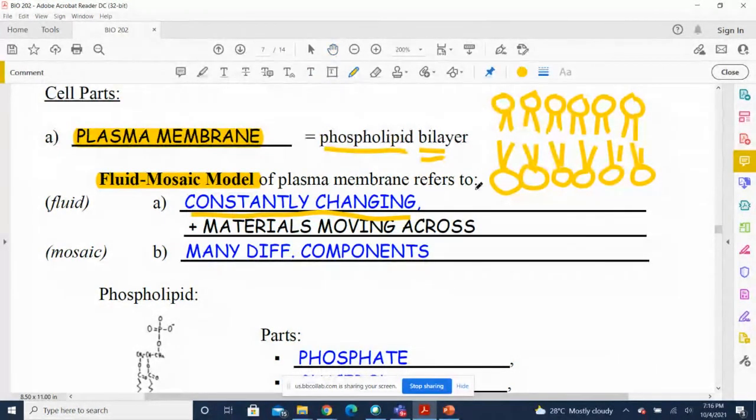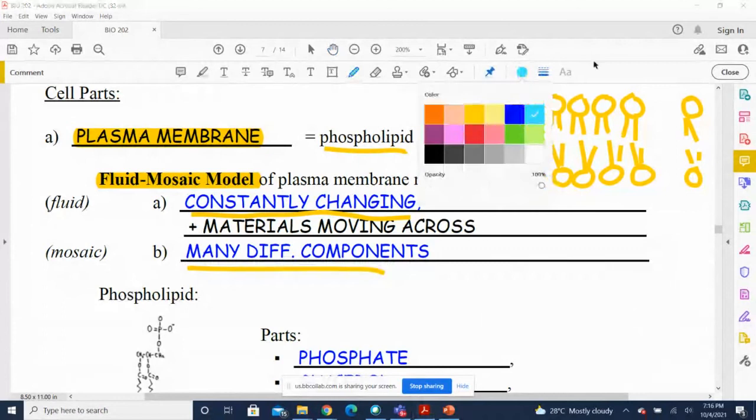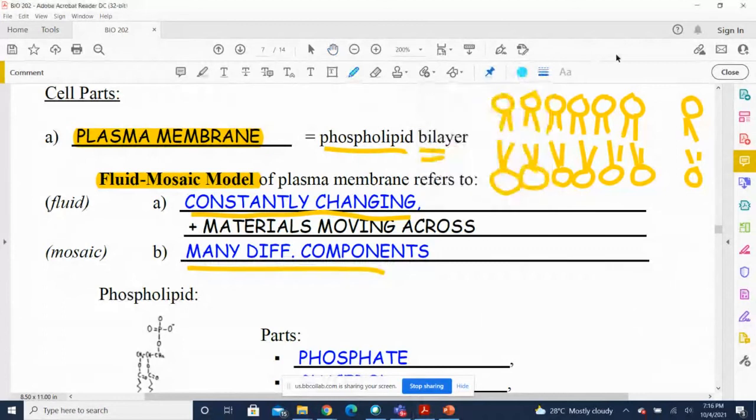The term mosaic referred to the fact that we had different components that made up the plasma membrane. So rather than just what we are seeing here, this phospholipid bilayer, remember we had proteins embedded in there, we had carbohydrates, we might have cholesterol, and so on. So there's a lot more in there than just this double membrane of phospholipids.